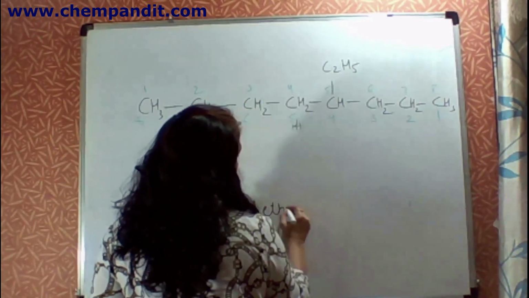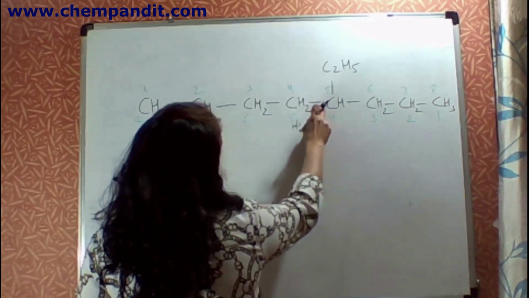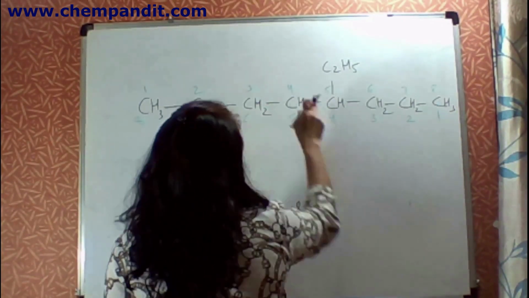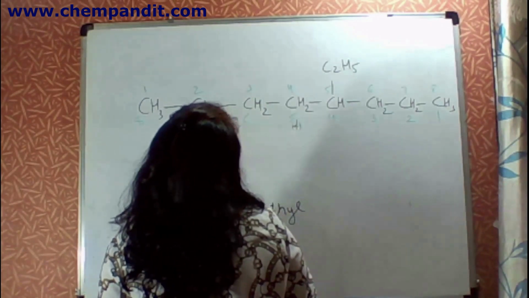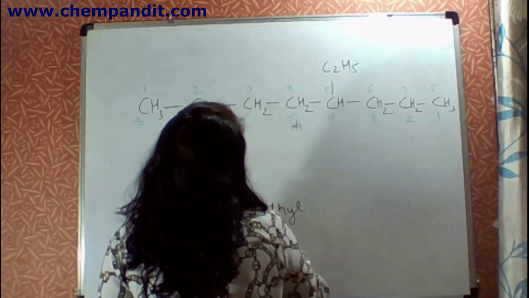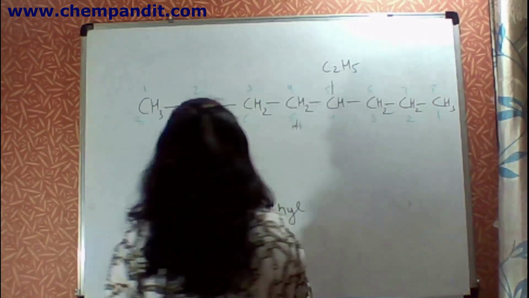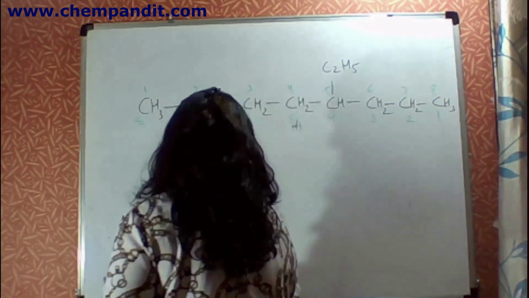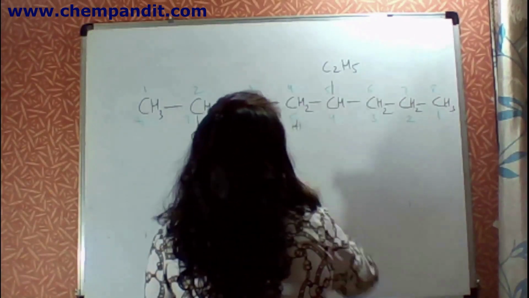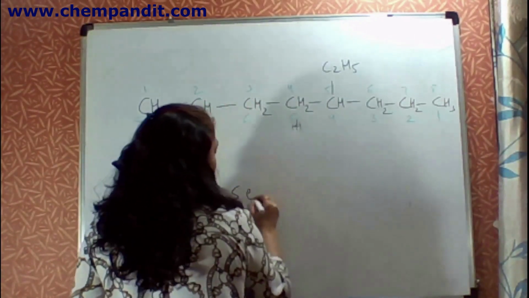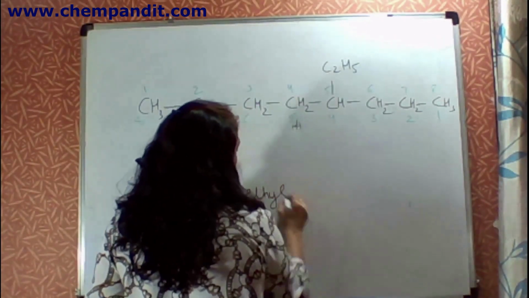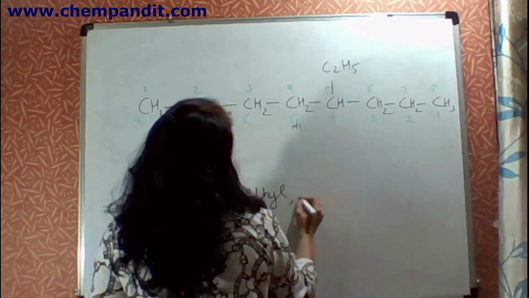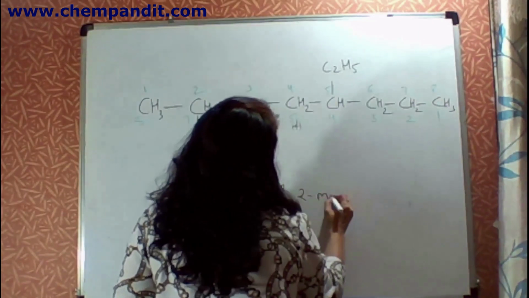We are following this order now. The final name of the compound will be 5-ethyl because E comes before M. 5-ethyl, 2-methyl.